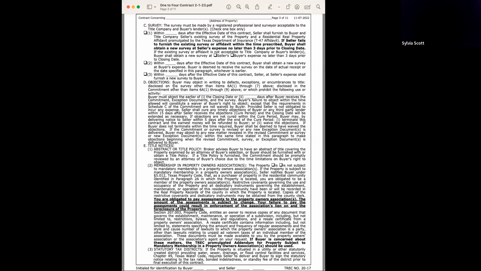Okay. So I had a deal recently where I had the buyer, and the sellers had uploaded a survey, but had drawn on there where they had done an outdoor kitchen. So we knew that the buyer was going to have to pay for a new survey, which is the box we had checked, because it did not include the outdoor kitchen.